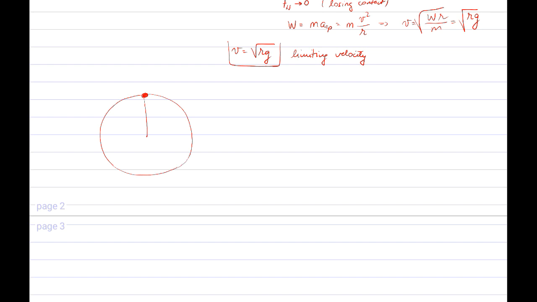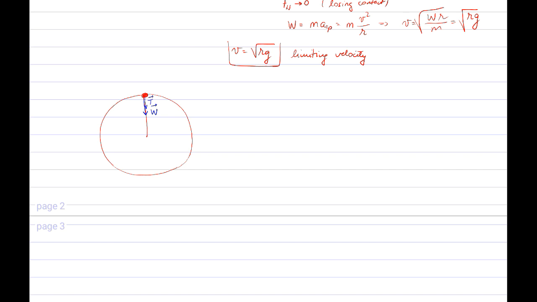And we want to look at the forces that act on this mass when it's at the top of the trajectory. So the mass has weight, but it is also connected to a string. So that means that there will be a tension force in here as well.